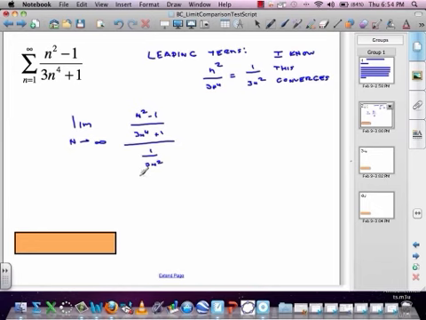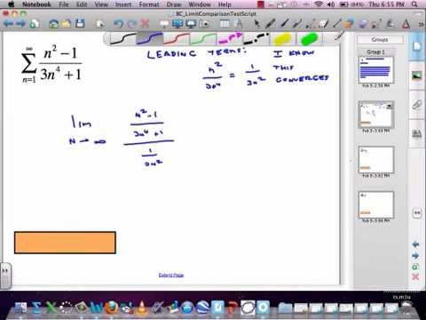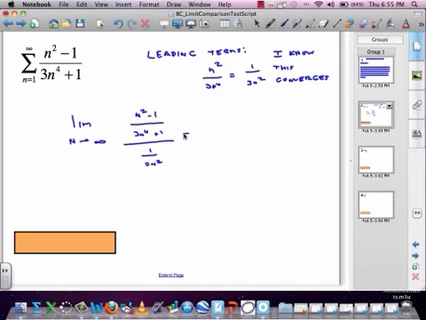I've got to calculate this limit. Let's clean it up first before we head into the limit evaluation. What do we really have here? I have the limit as n goes to infinity of n squared minus 1 multiplied by 3n squared, and the denominator will be just 3n to the fourth plus 1.